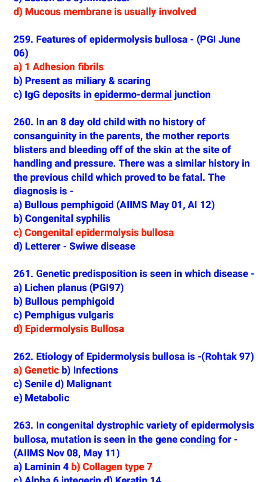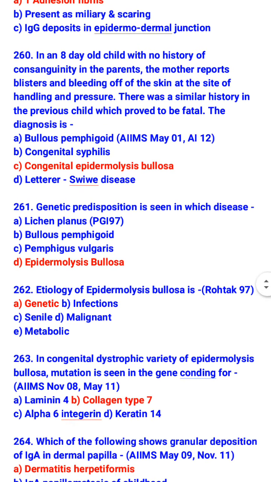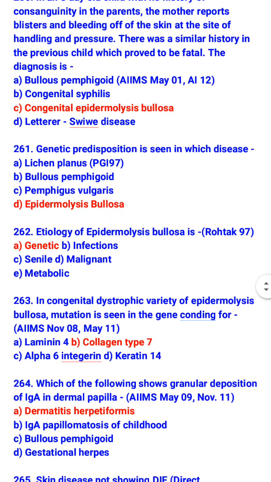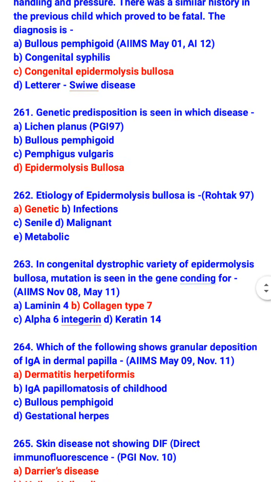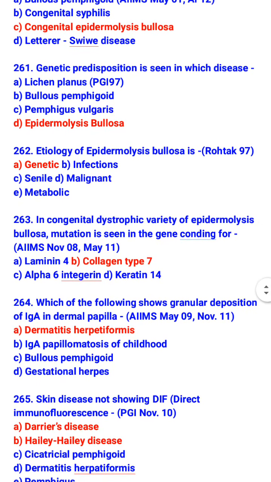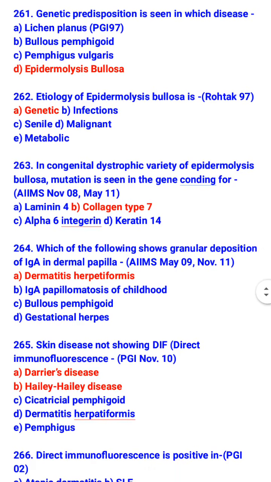The diagnosis is congenital epidermolysis bullosa. Genetic predisposition is seen in which disease? Epidermolysis bullosa; its etiology is genetic. In the congenital dystrophic variety of epidermolysis bullosa, the mutation is in the gene coding for collagen type 7.